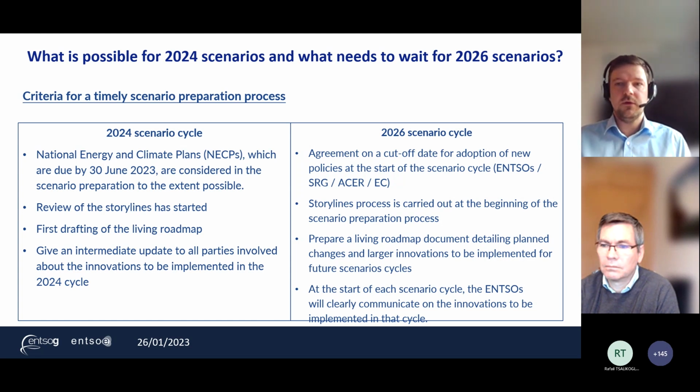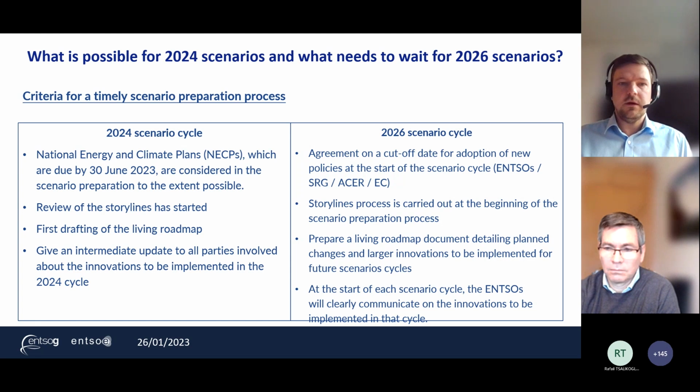So we cannot guarantee at the beginning of every scenario process that all the innovations we planned to incorporate will actually work. To give you a simple example, we are thinking about a finer geographical resolution in our scenarios, just as an idea. Why not try to break down the countries into zones? Whatever split we applied, we were not that far.